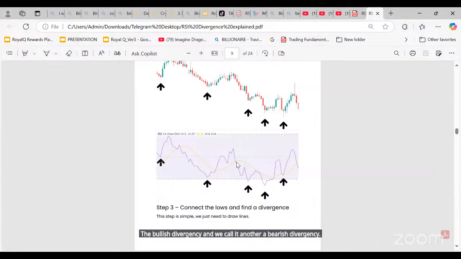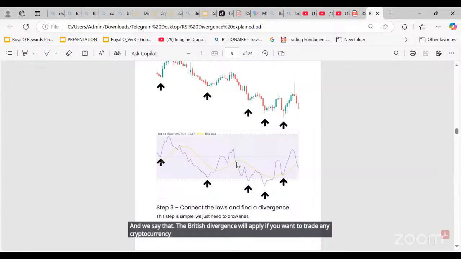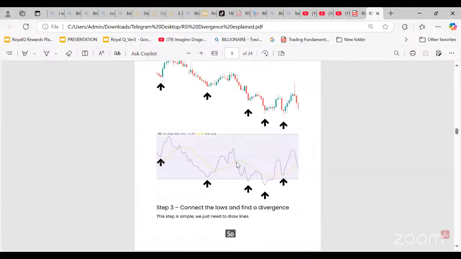And we said that the bullish divergence will apply if you want to trade any cryptocurrency but you're expecting an upward movement.